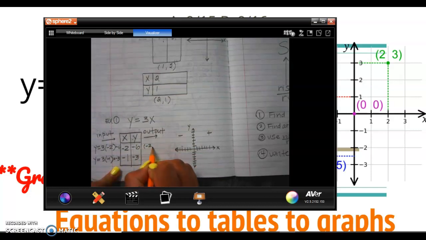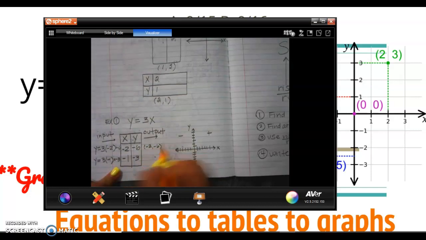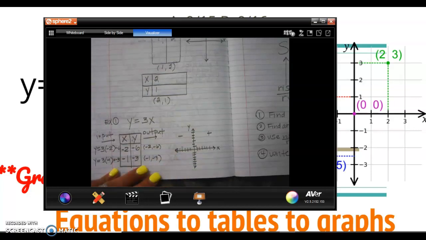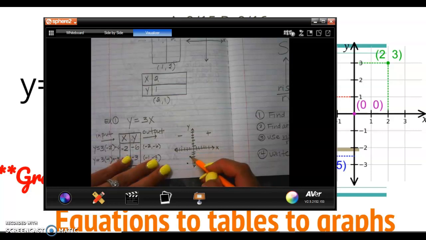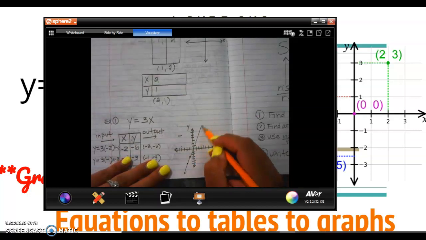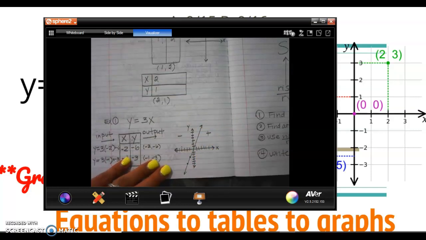I forgot that step: (-2, -6) and then (-1, -3). So I'm going to plot that first point, (-2, -6), then (-1, -3). Once we have two points, we connect them with a straight line going through, and we're done.